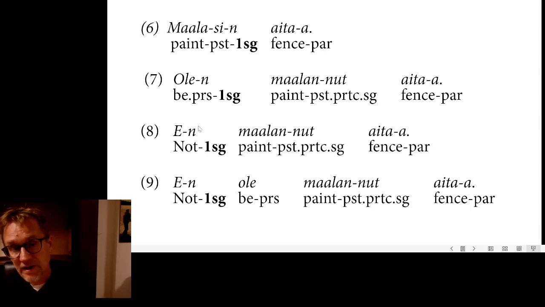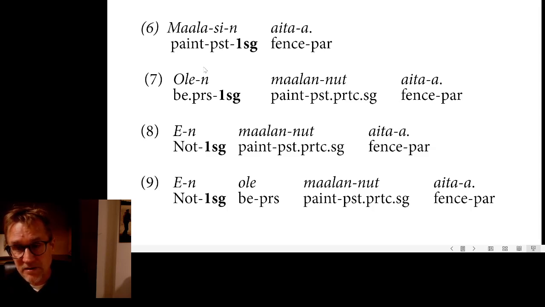A particularly clear way to see this is to look at these auxiliaries. When the auxiliary verb is the first element, you can find the full agreement occurring as the last element. But when there is a negation and the auxiliary verb is second, then literally the agreement suffix disappears.